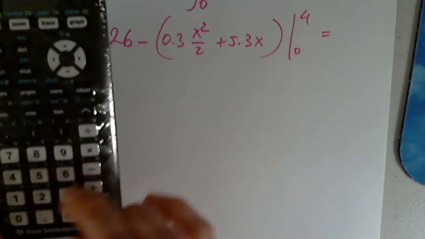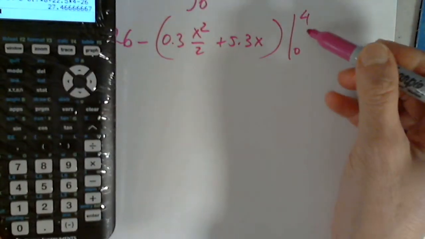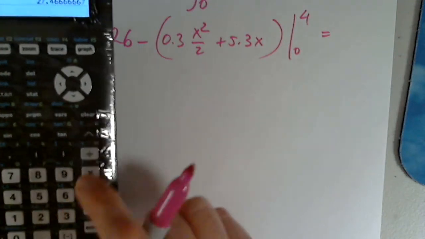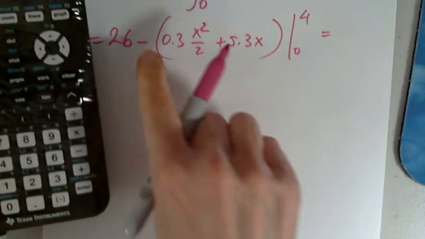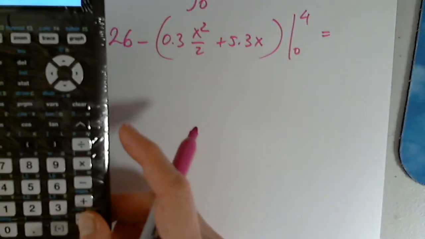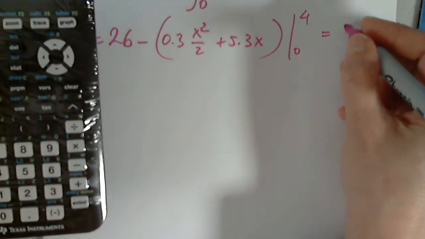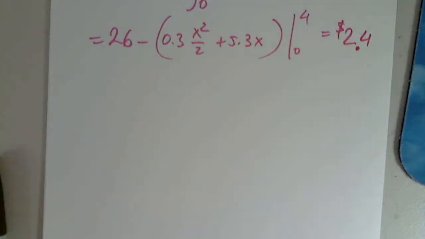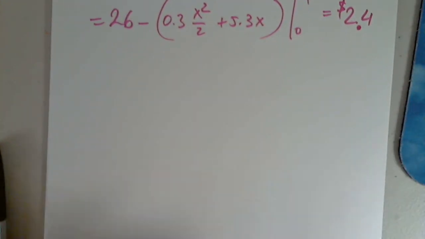And let's see directly, 26 minus, 16 divided by 2 is 8, so 0.3 times 8 minus, because I have to distribute, 5.3 times 4. I don't plug in 0 because I will get 0. So I got 2.4. That's the producer surplus. Any questions?